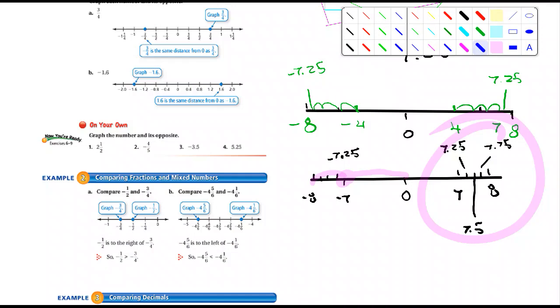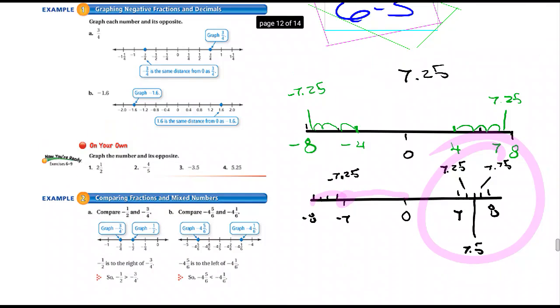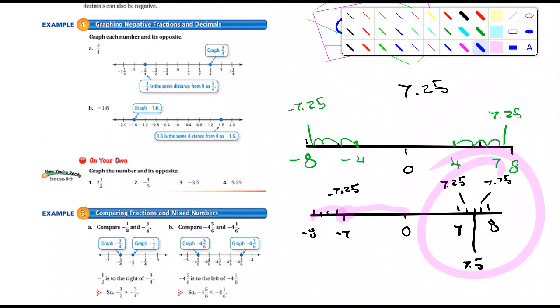All right, so let's take a look at this here. Okay, so at example 1, it says graph each number and its opposite. Well, we just did several examples of that. So here are they. It's 3/4 and -3/4. All right. And then graph -0.6 and its opposite. So here's what they did. They did a -0.2, a 0.6.